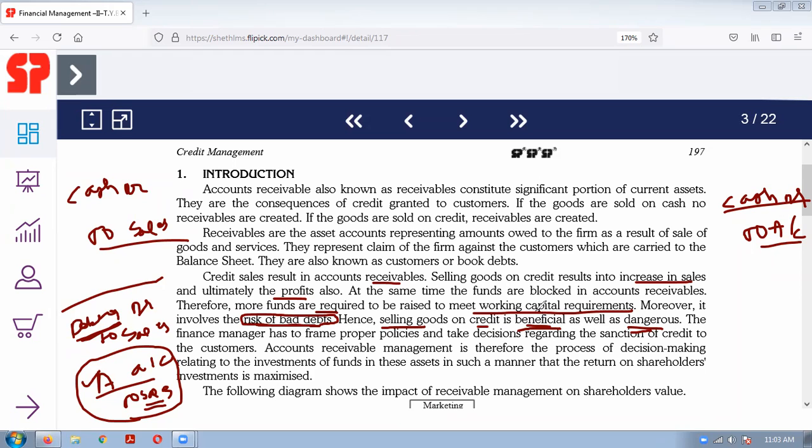So to purchase new goods, you will have to take short-term loans, overdraft, etc., and on that interest cost will be incurred. Second thing is the risk of bad debts, that the customer may not pay. So these two disadvantages are there, and the advantage is the increase in sales and increase in profit.